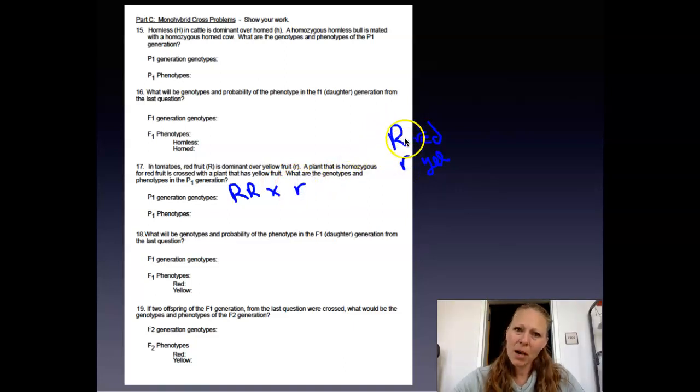But if it had a big R, then the big R would be expressed and it would be red. So in order for that recessive trait to be expressed, it's going to have to be 2 little r's. And so the phenotypes, so those are the 2 genotypes, and the phenotypes are red and yellow.